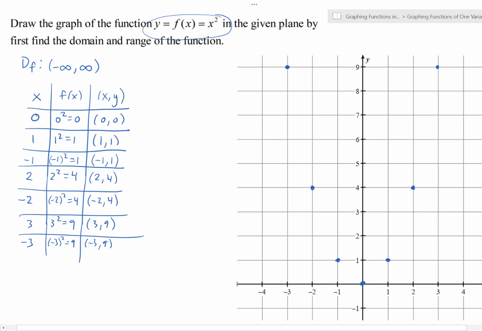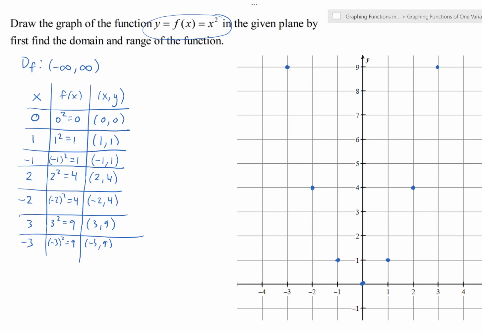And you could pick more inputs, obviously, like say if 1.5 was your input or -2.3. Then we can make a guess of where these points would be based on the behavior of this graph. As x gets bigger, this graph is going to get bigger. If I square a number, it's going to get bigger in the long run.